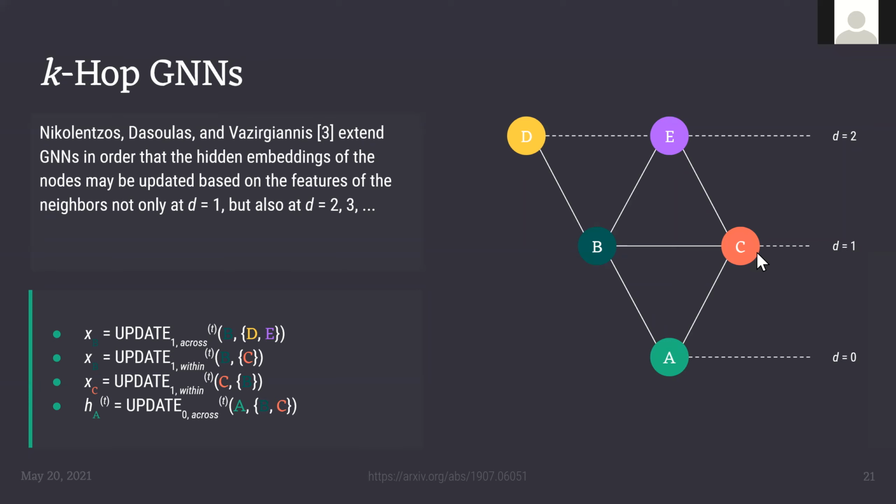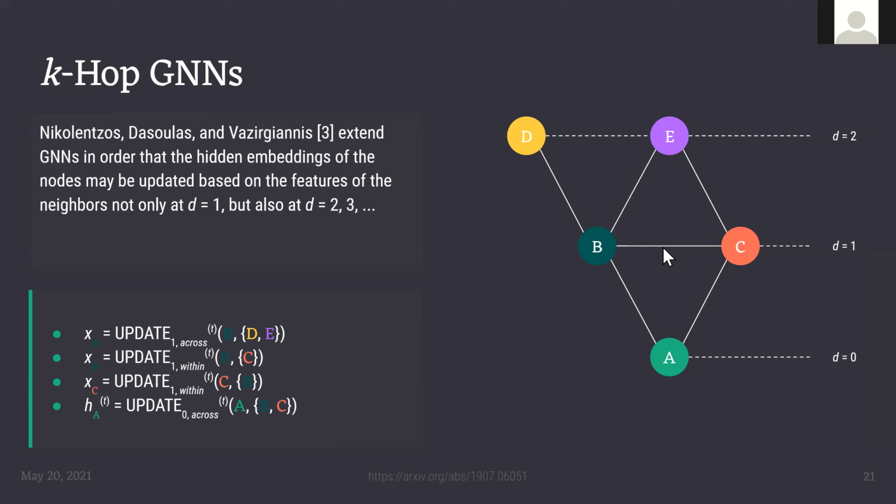Then we would update C based on the features that belong to E. Then, and this is the step that is more crucial in my opinion, we update B and C because they are connected to one another.